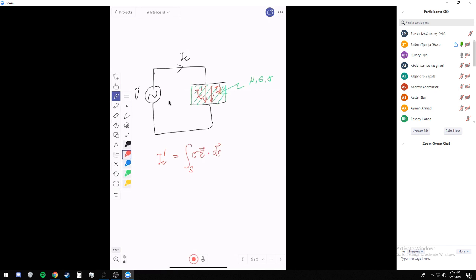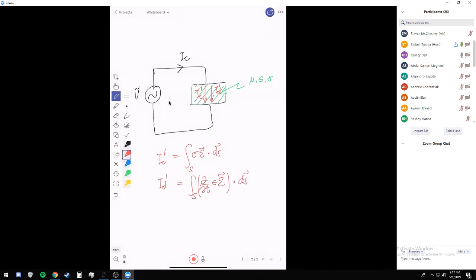How about the displacement current? ID is equal to the integration over the surface of, assuming that the structure doesn't change, the partial derivative with respect to time of epsilon E, dot with ds. Oops, I'm sorry, this should be not a phasor, but rather a time varying field.